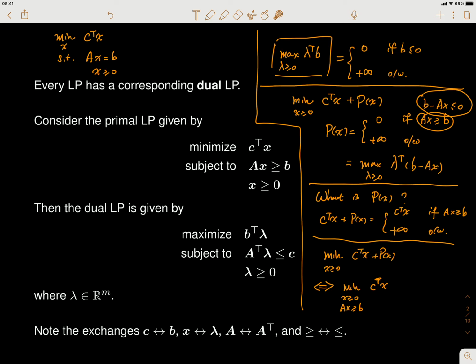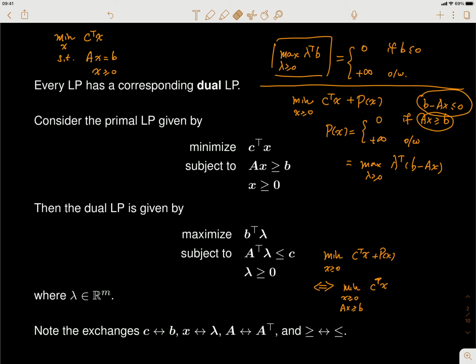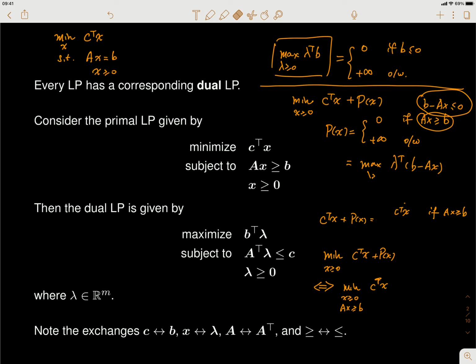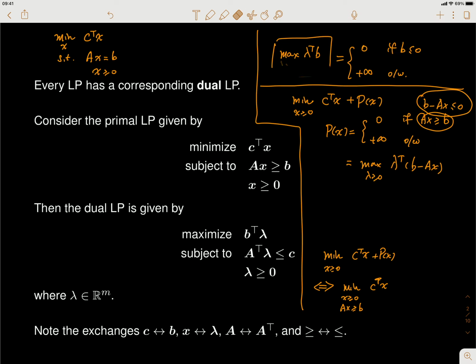Okay, so now let me further move forward and see how we derive this dual problem from this primal problem. Okay, so again, let me still just keep the bottom and recall what we have.